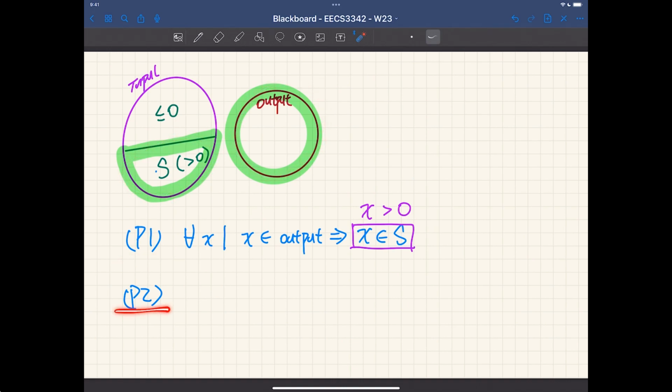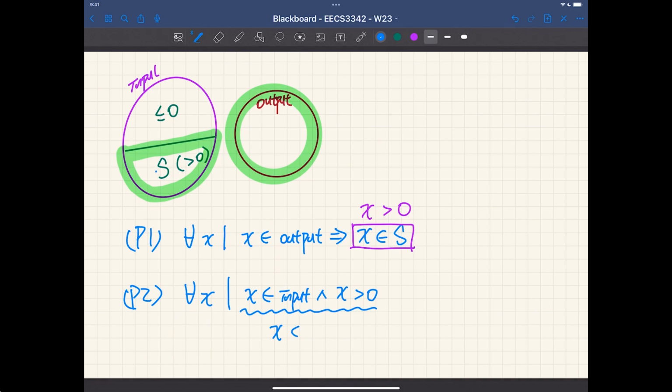P2 is whatever is in here is also included over here. So you want to say for every X such that X is in the original set, which is the input, and also X is larger than 0, of course this is equivalent to saying X is in S, that implies X is in the output.